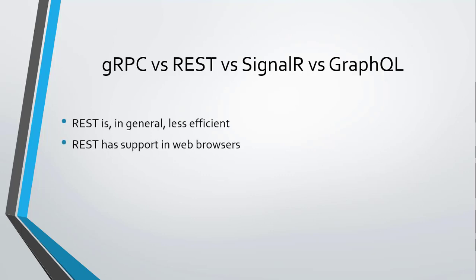However, an advantage of REST is that it works entirely in browsers, unlike gRPC, which currently has limited functionality in browsers. Therefore, if you are going to make an application in Blazor, Angular, React, or Vue that will work in a browser, you should use REST for communication with a server.